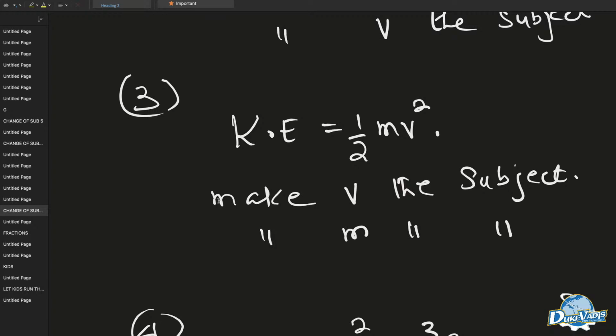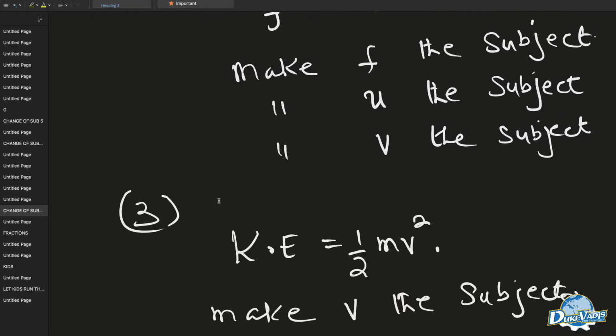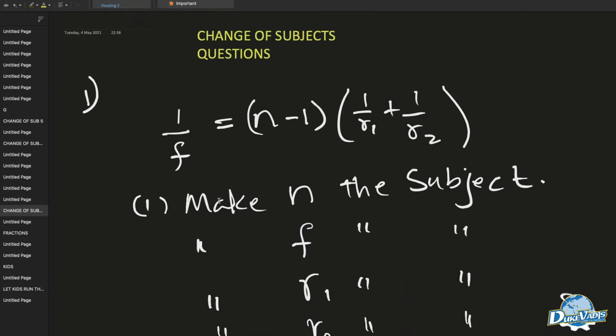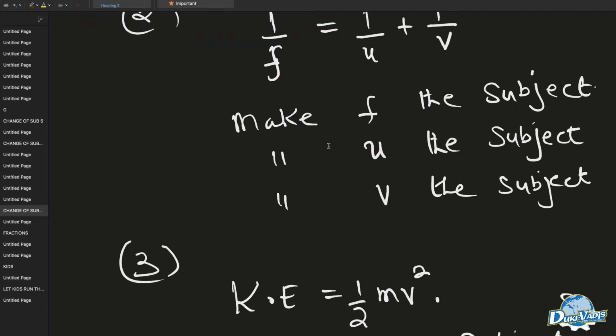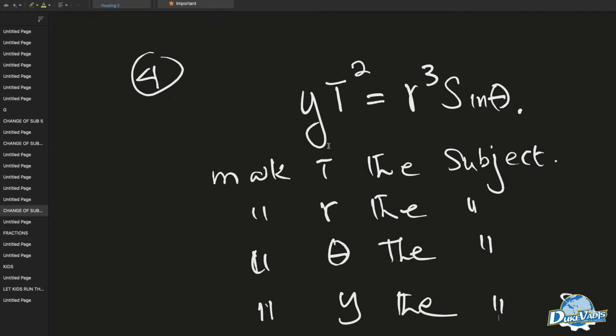Then we'll tackle 1 over F equals n minus 1 into bracket 1 over R1 plus 1 over R2. Then finally we'll get to this equation where we'll try to make T, R, theta, and Y the subject.